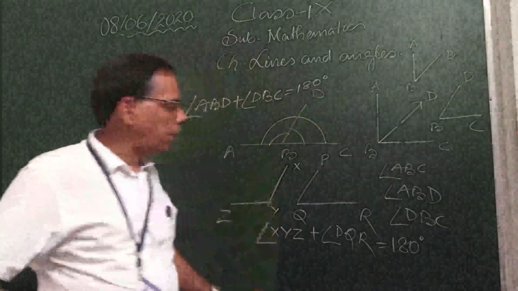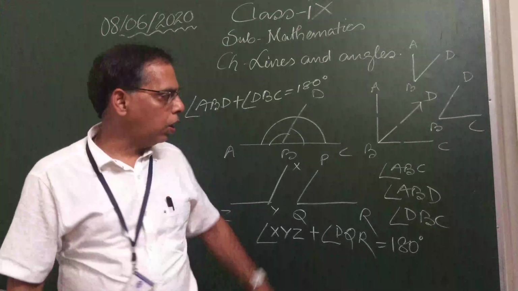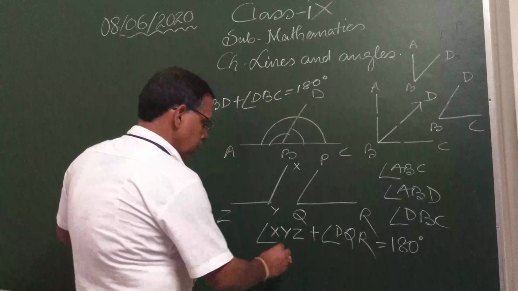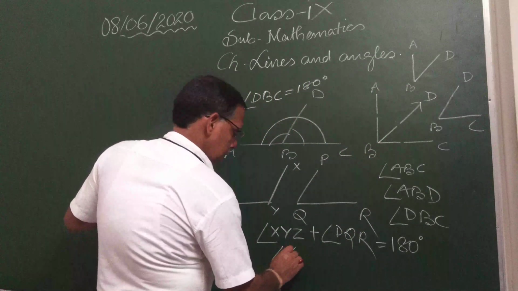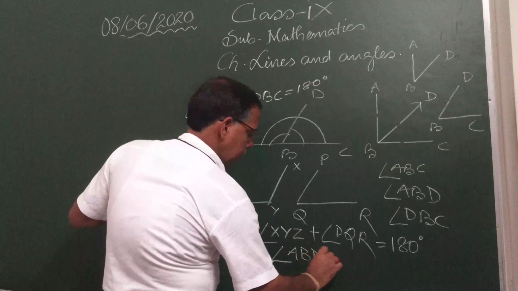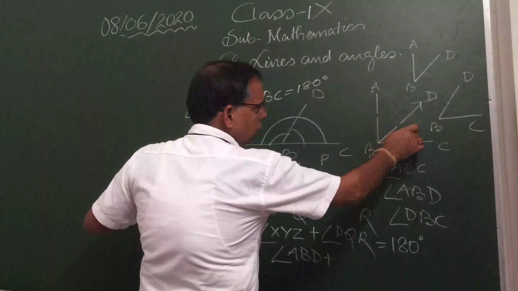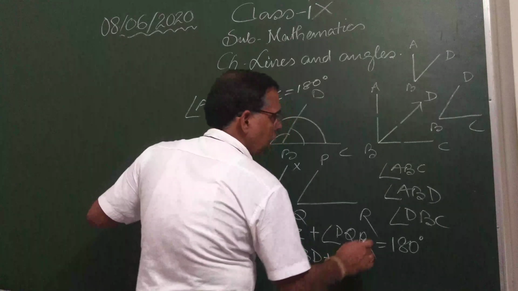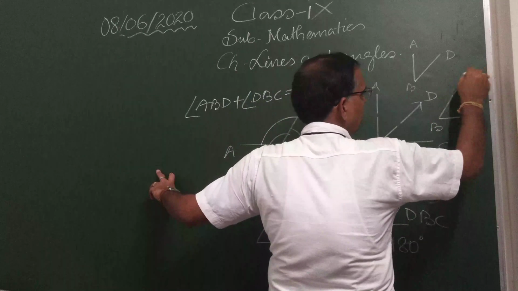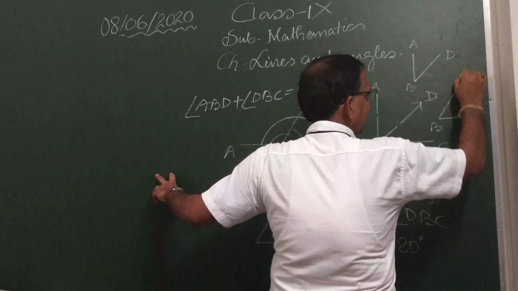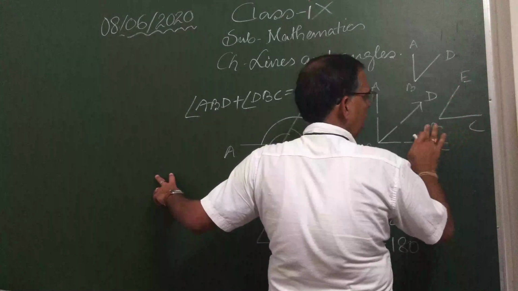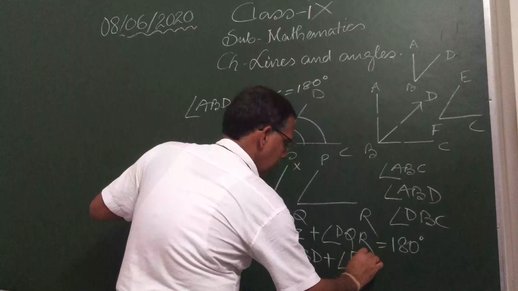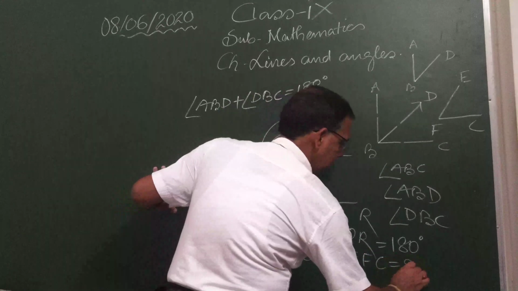So complementary angle, supplementary angle, we are writing this way. How can you write complementary angle? Angle ABD plus, I just want to replace this one. So in place of D, I'll put, suppose, E, and this is F. So angle EFC equal to 90 degrees.